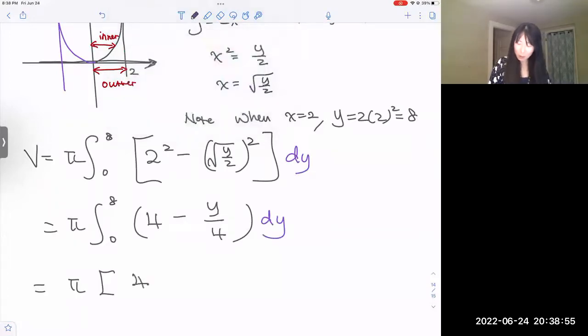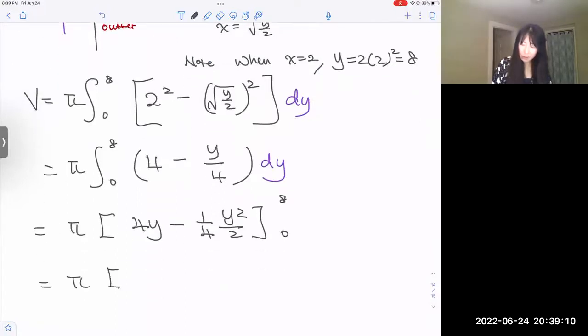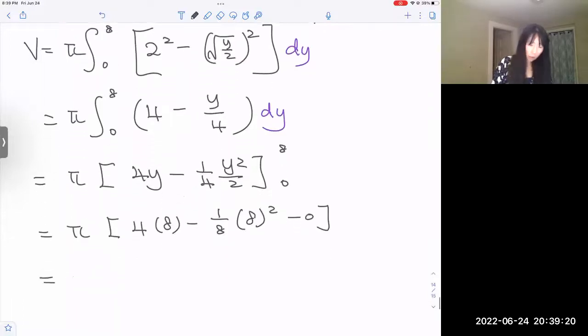Okay, so 4y minus, we take out, y squared divided by 2 times 1 over 2. So for 8, 4 times 8 is 32 minus 1 over 4 times 8 squared, and luckily the other one is 0.